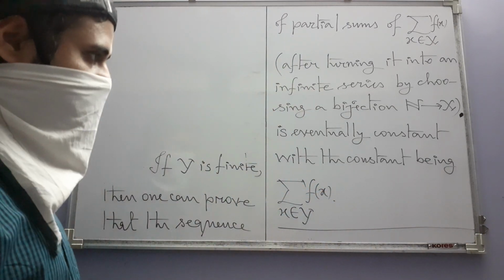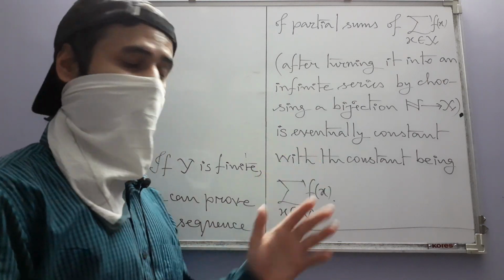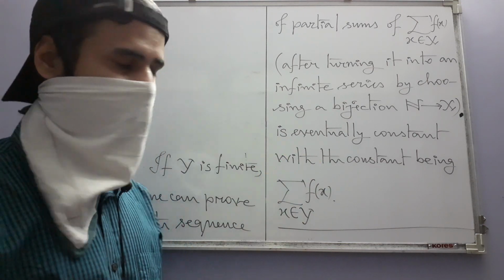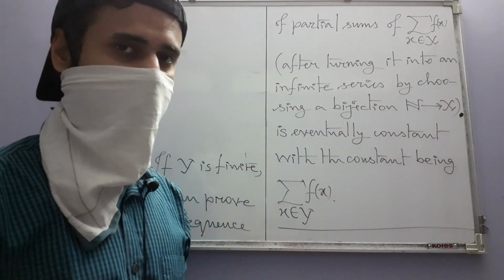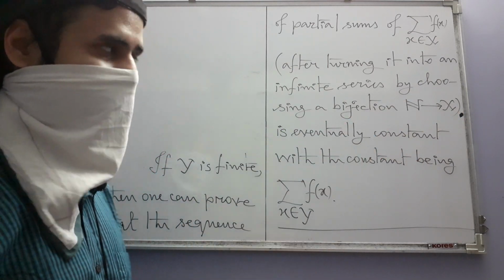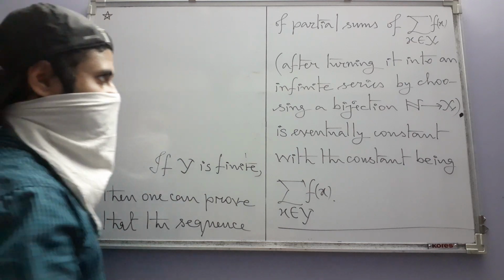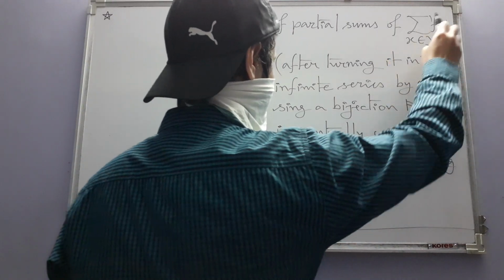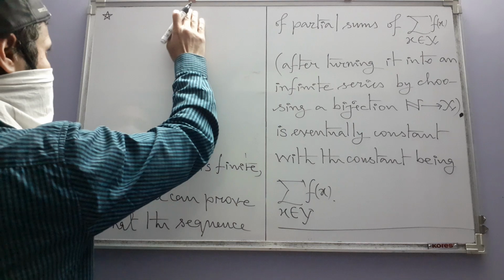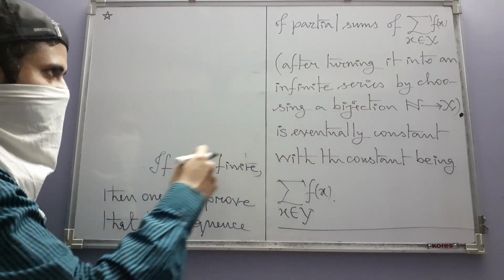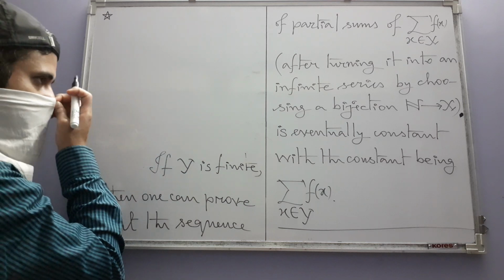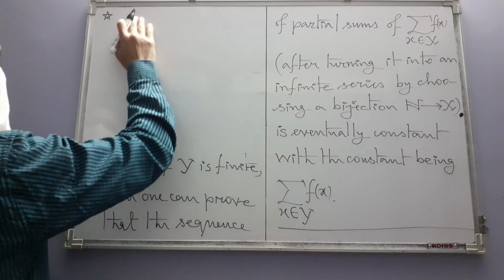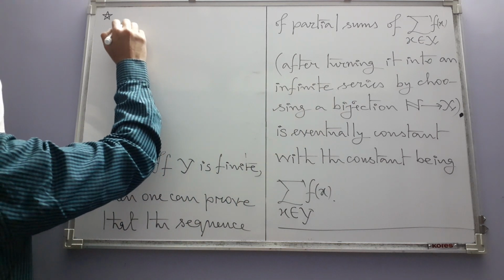So now the situation is this: x is countable. Okay, so there will be some bijection between n and x, and because x is countable, the value of this sum by the first definition, that is 8 to 1, is this. Say you choose a bijection, say that bijection is g.